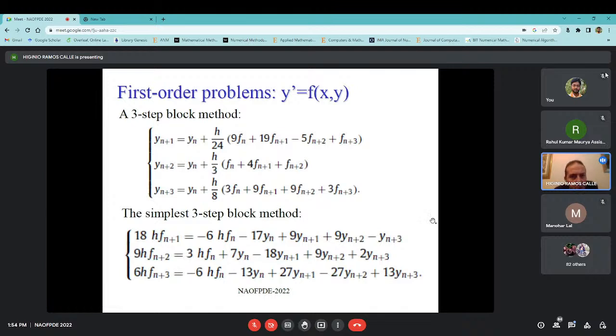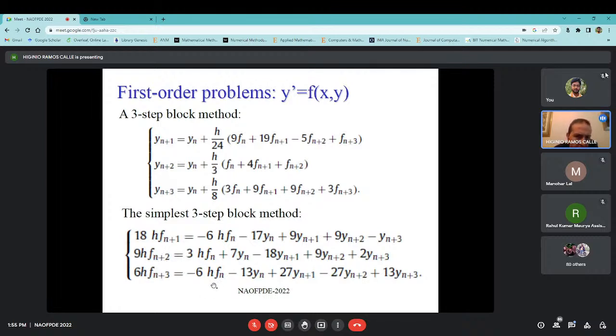There are different formulations for this three-step block method. The simplest one is this one at the end of the slide, where instead of expressing the values of yn plus 1, yn plus 2, yn plus 3, we have fn plus 1, fn plus 2, fn plus 3.